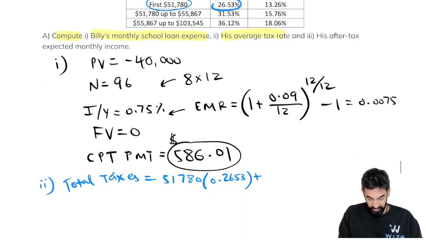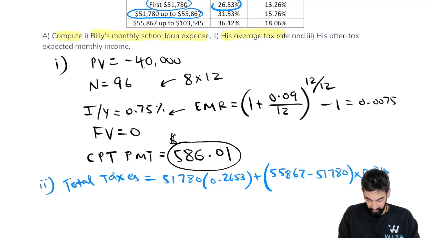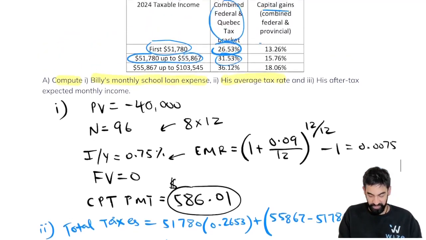Plus the next amount that he makes is in this range from 51,780 to 55,867. So I could say plus 55,867 minus 51,780, that gap, times 0.3153. That's the second bracket. Plus, now how much is he left with that he has to pay tax on?